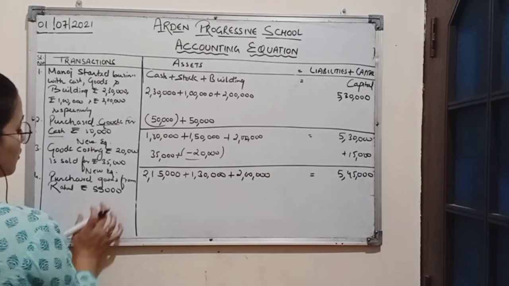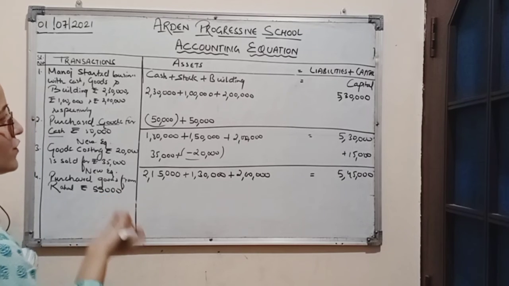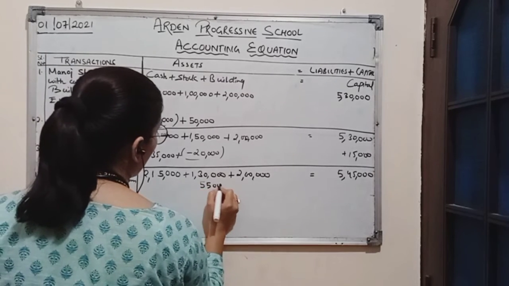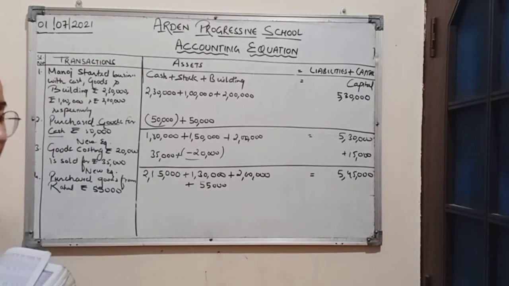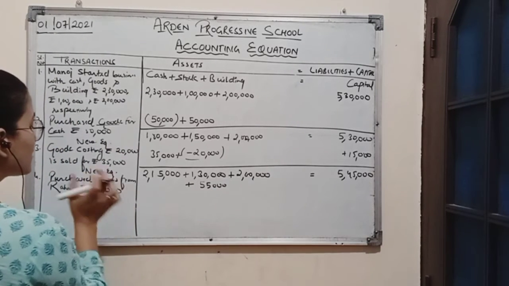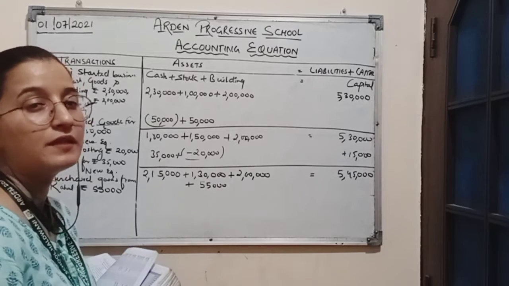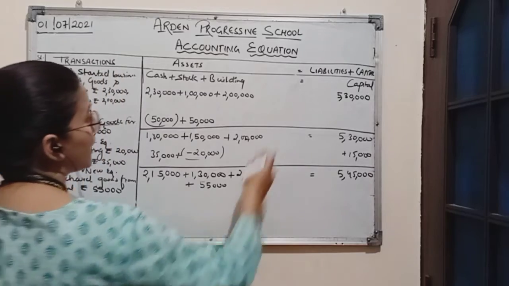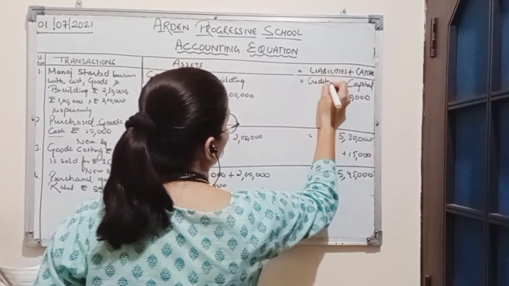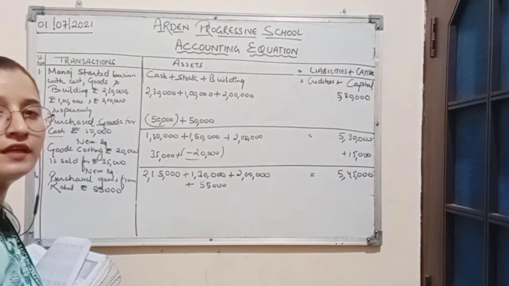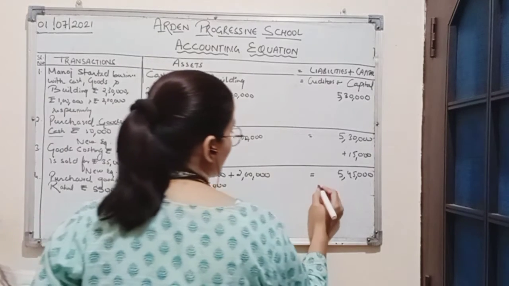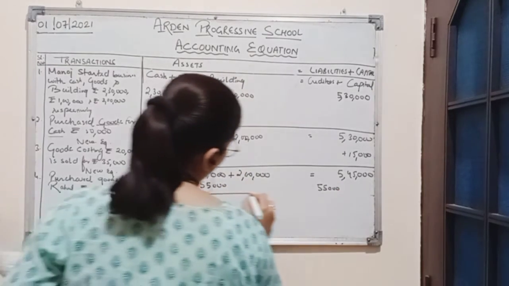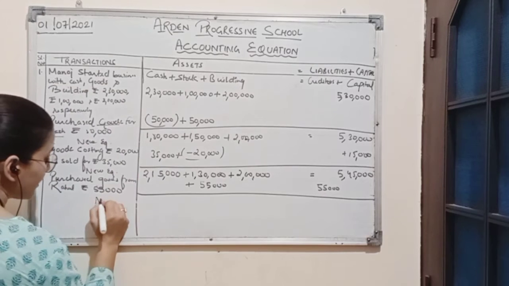Here goods purchased means there is an inflow of stock in the business amounting to rupees 55,000. So we will add this amount in the stock column, 55,000, and it has been purchased from Rahul. That means we have to make the payment to Rahul in future. So Rahul will be a creditor for us. So a creditors column will be opened on the liabilities side amounting to rupees 55,000. Solving these two, we will get a new equation here.